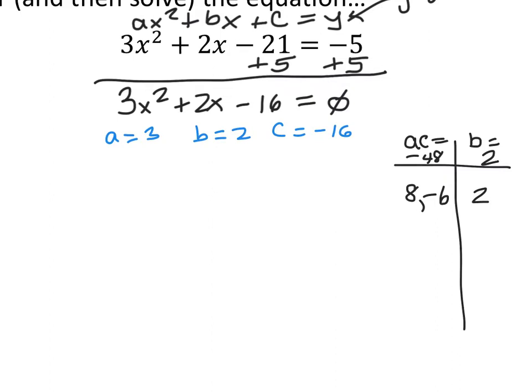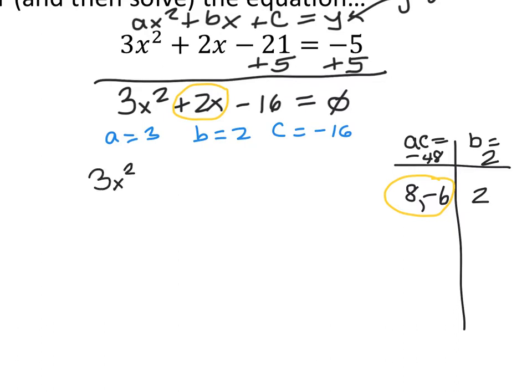All right, so our task here is to rewrite this 2x as a sum of 8x minus 6x. And again, it doesn't matter what order you put those in.